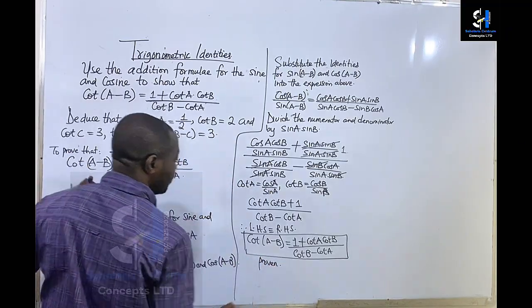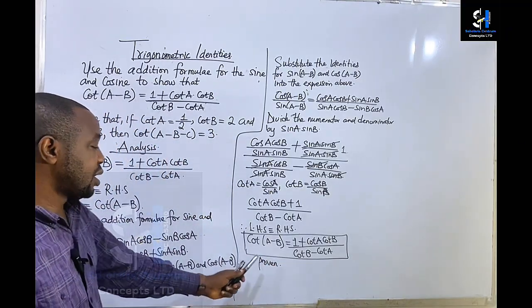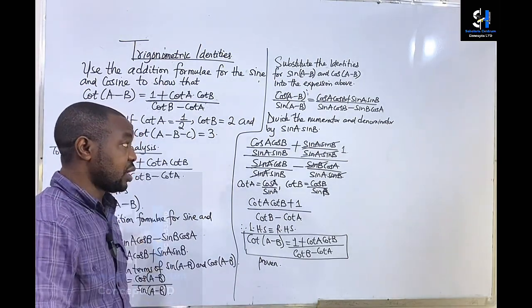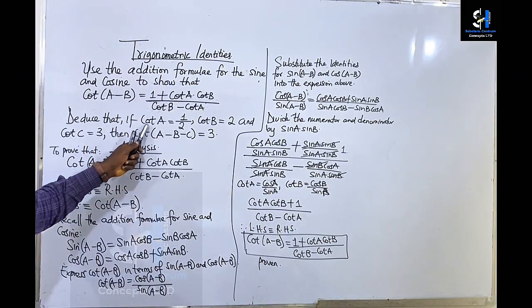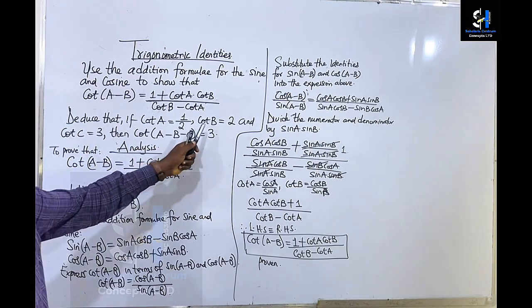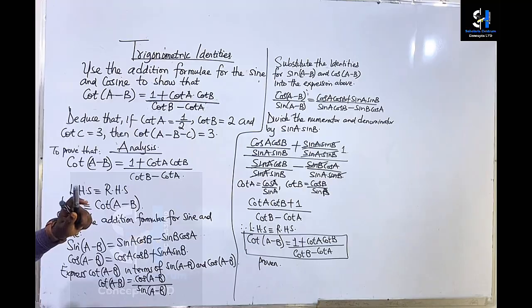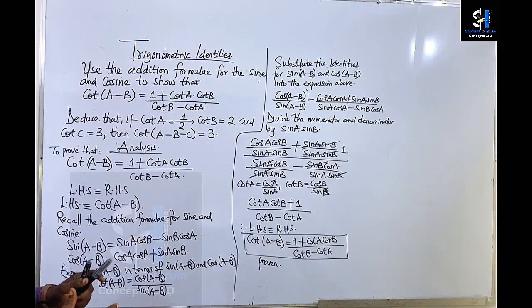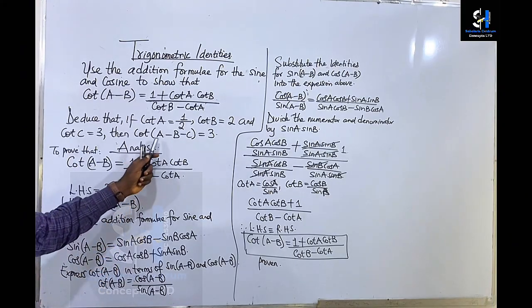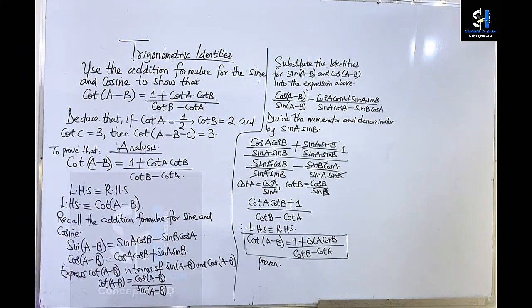Now, we are also asked to deduce that if cot A equals 1/2, cot B equals 2, and cot C equals 3, then cot(A minus B minus C) equals 3.